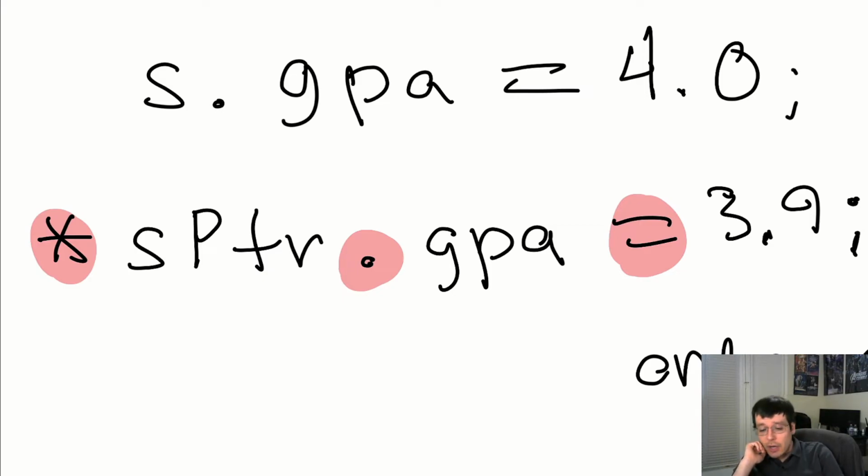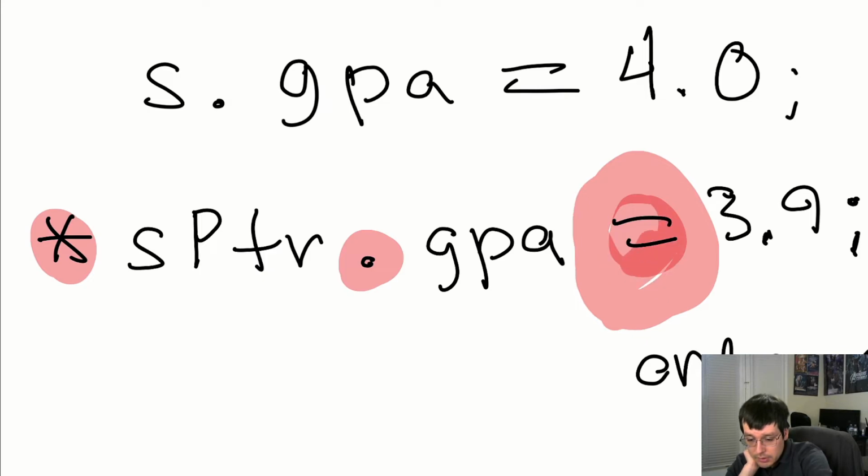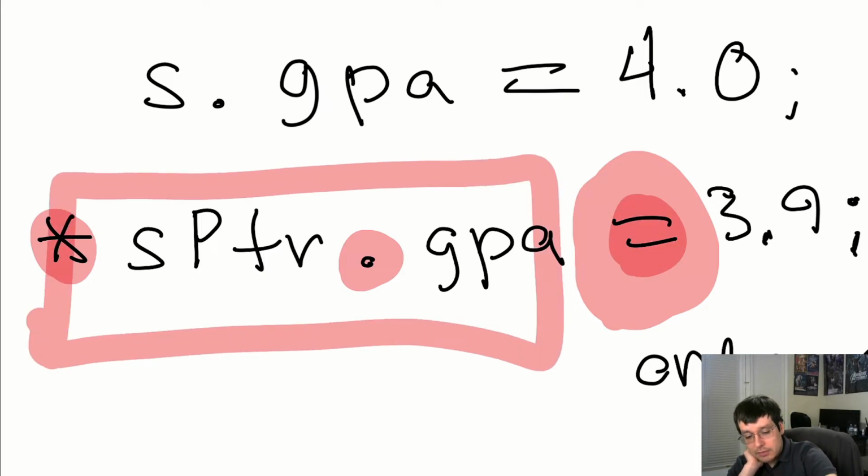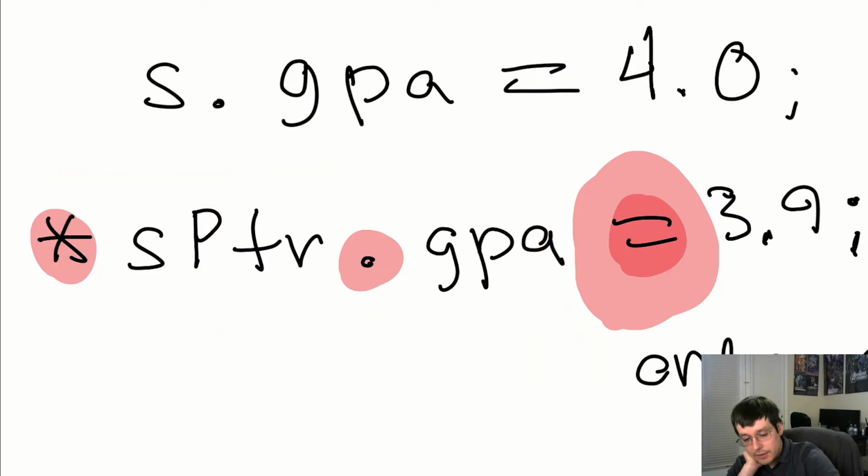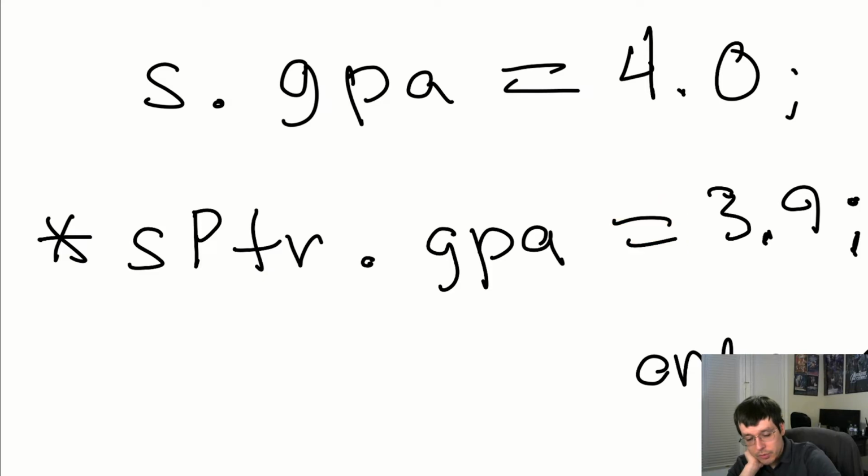Well, it should be obvious that the assignment is the last one, this one here. Why is that obvious? Because this stuff needs to be cleared out before you can assign anything. It's like these guys have to duke it out and see who's going to go first between the asterisk and the dot. And then when they finish fighting, you want to assign 3.9 to whatever that resulting address is, right?